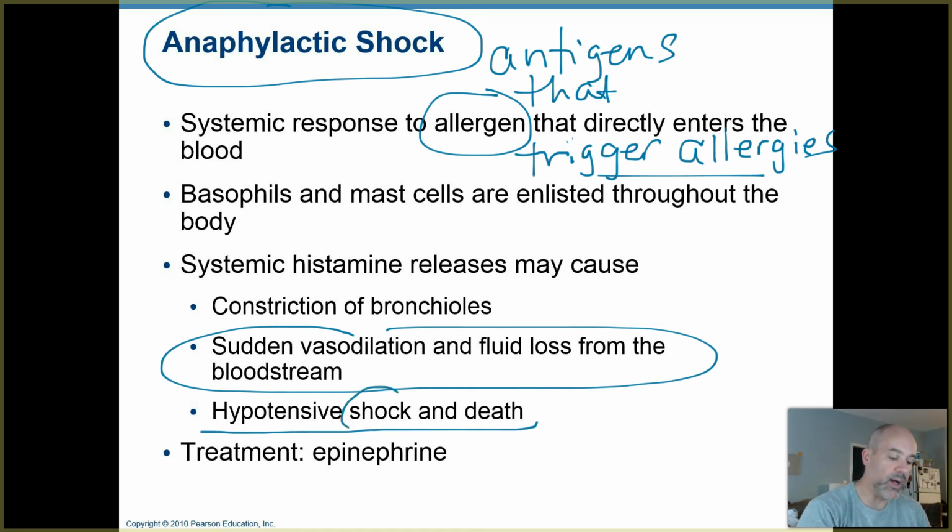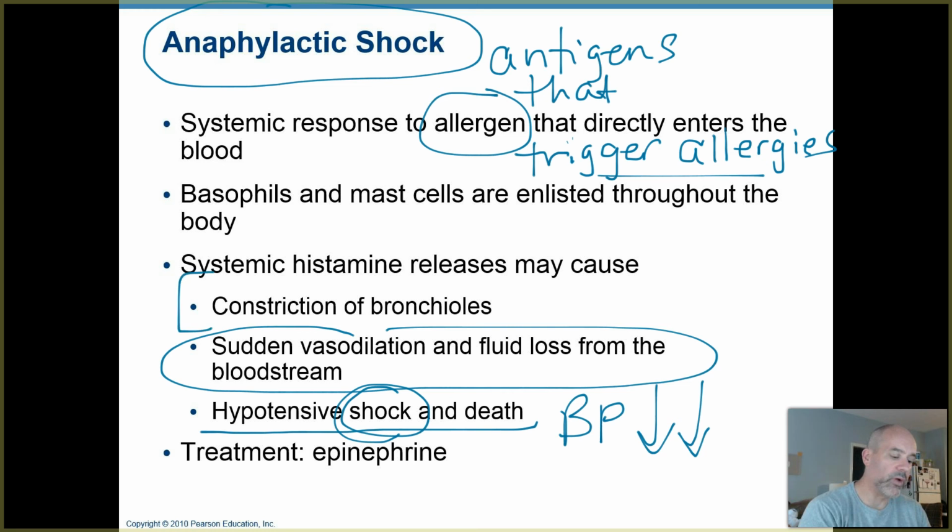So you go into shock, like we talked about at the end of chapter 19. And if it's severe enough, that cuts off your blood pressure. Does what? Your blood pressure is down because you're hypotensive. You're not circulating blood. You're not circulating oxygen and nutrients properly to your tissues, and that can result in death.